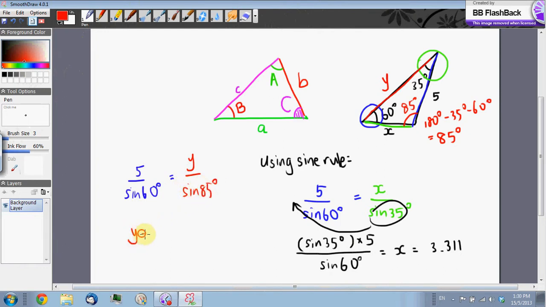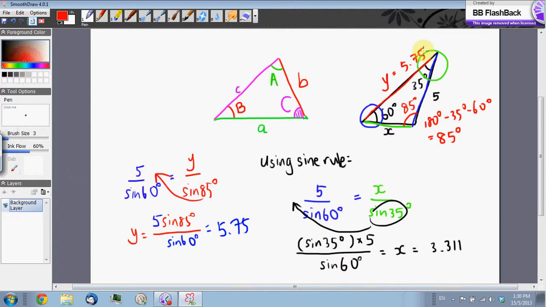So y is equals to 5 times sine 85 degrees, because you bring this up here, divided by sine 60. And if I type this into the calculator, it will give me 5.75. So y is equals to 5.75.